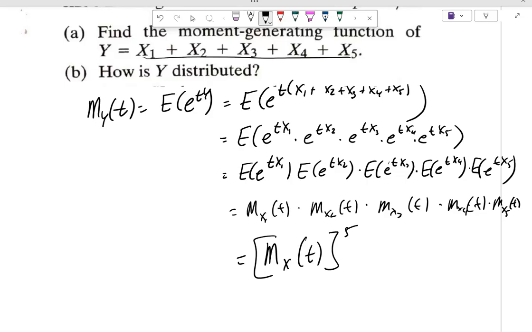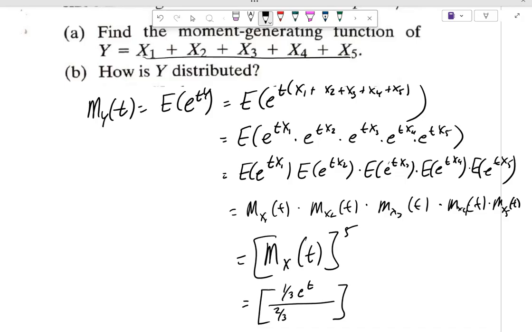What is the moment generating function for a geometric? P e to the t, over 1 minus (1 minus p) e to the t. And in this case, I told you the p was a third. 1 minus p will be 2/3.